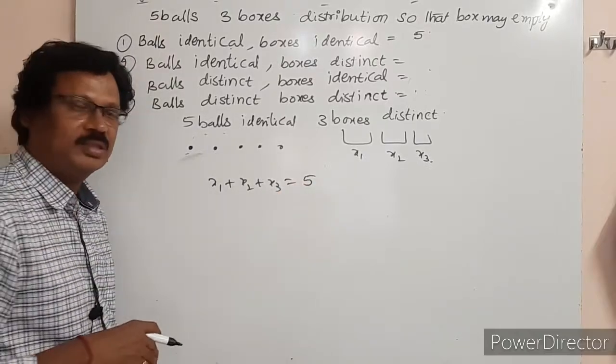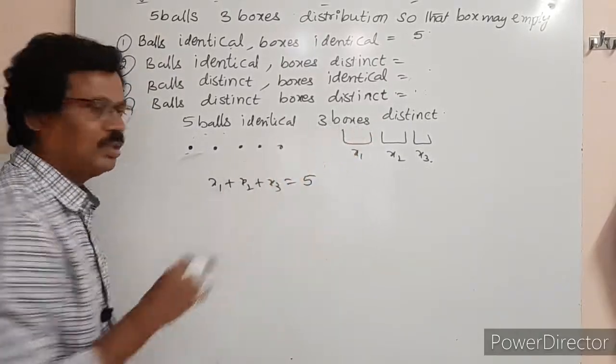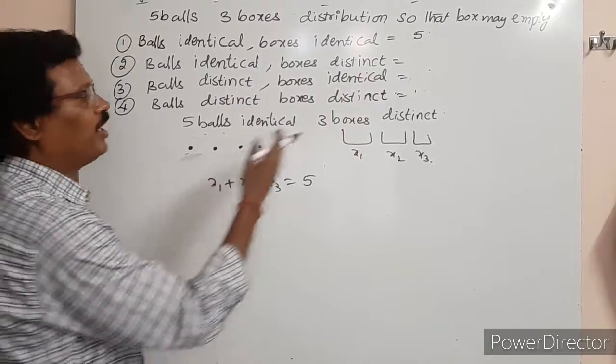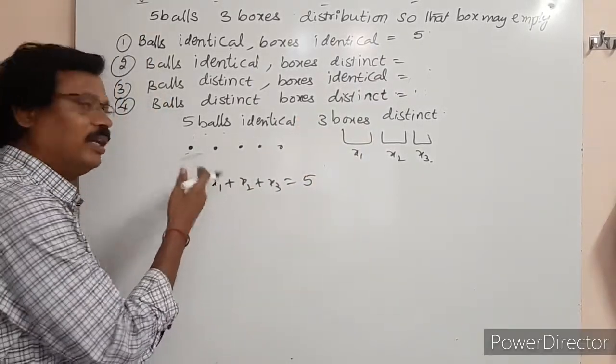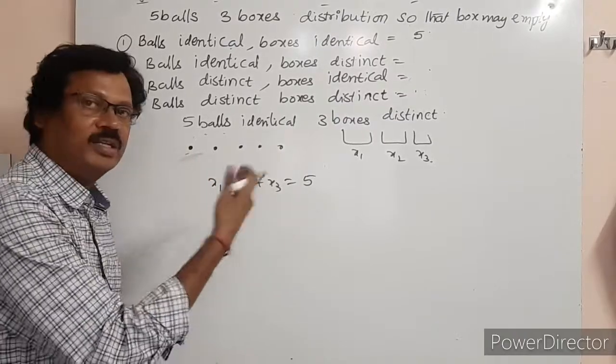Total 5 balls and 3 different boxes are there. Now x1 may contain 0 balls or maybe more than one. x1 may be either 0 or more. x2 may be either 0 or more.